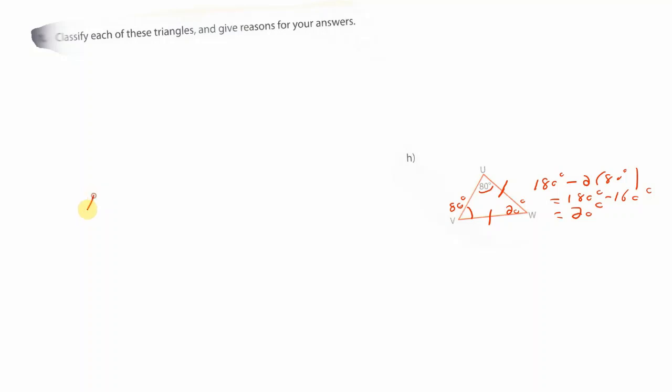So therefore we can say triangle UVW is an acute angled isosceles triangle. That's our statement. So let's get our reasoning. Okay, we know that we have two sides that are equal.